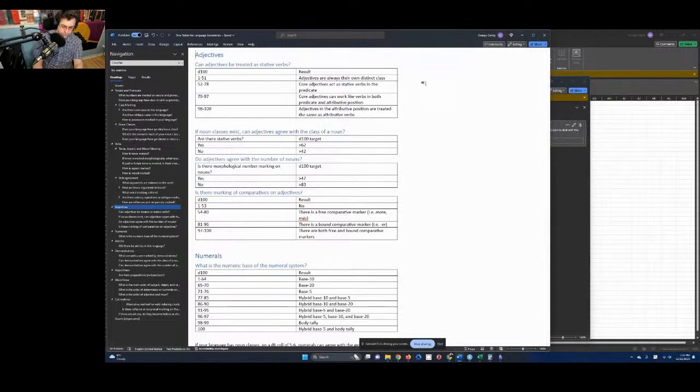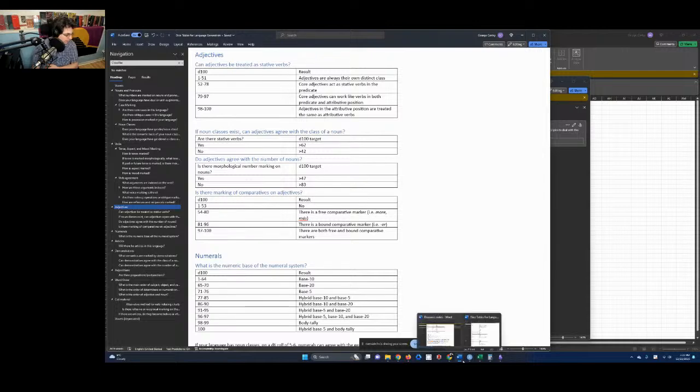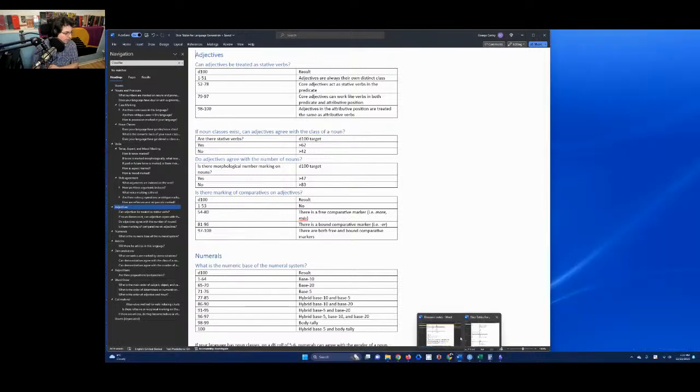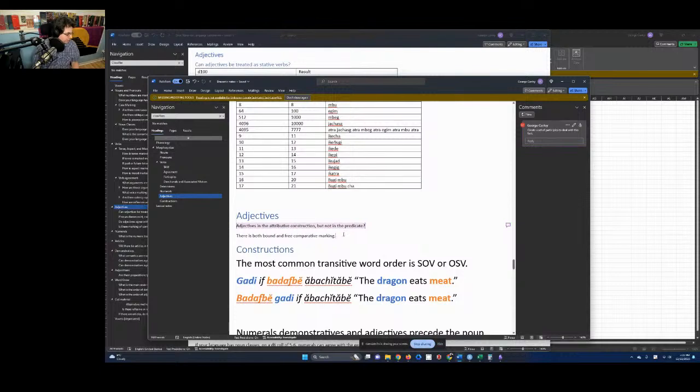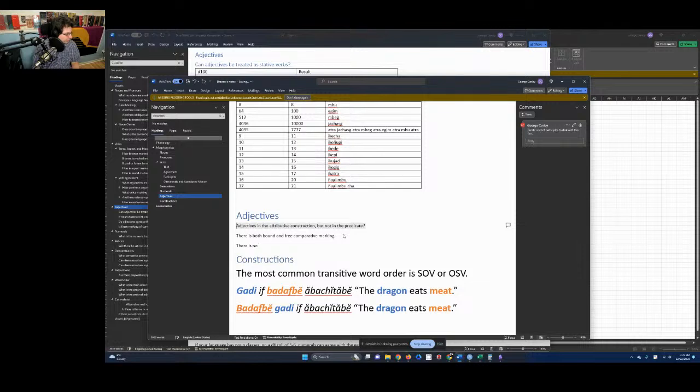And since there's morphological number marking on nouns, it's a little bit more common. So we're going to roll that. And 14, that's a no. Show you guys the die roll. It's a 14. So they do not agree in number. So there is no number agreement on adjectives.